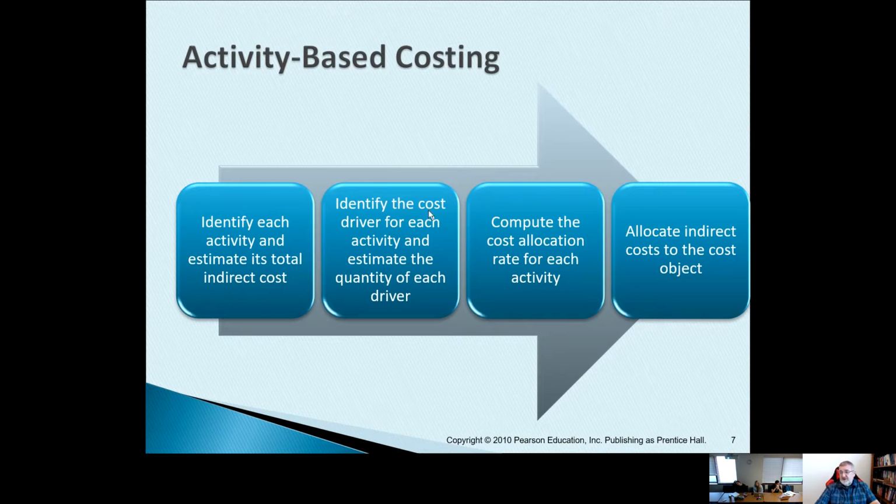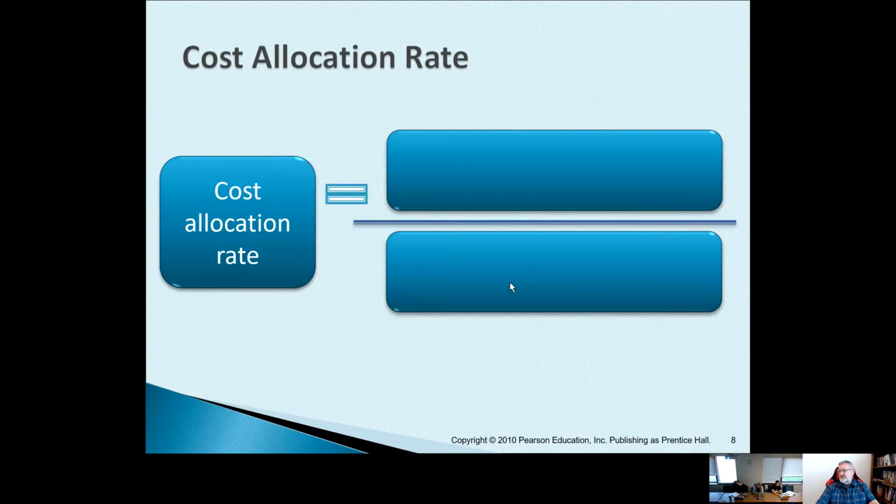So after we've identified the cost for each driver, then we have to estimate the quantity for each driver. Let's go to this next slide. The cost allocation rate equals the total estimated cost for this driver.